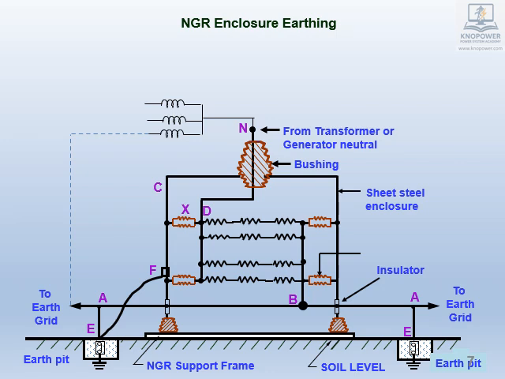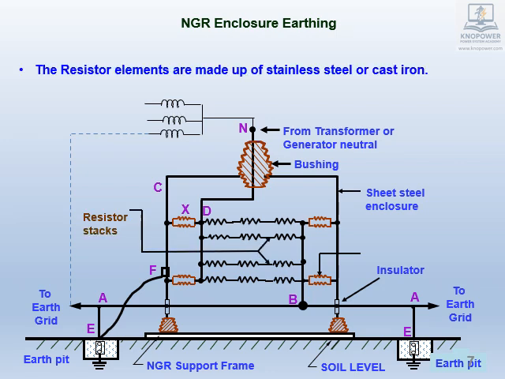In earthing module, topic of NGR enclosure earthing was discussed. Just for continuity, we are repeating the discussions here. The resistor stacks are made of stainless steel or cast iron grid. NGR enclosure rests on support insulators.